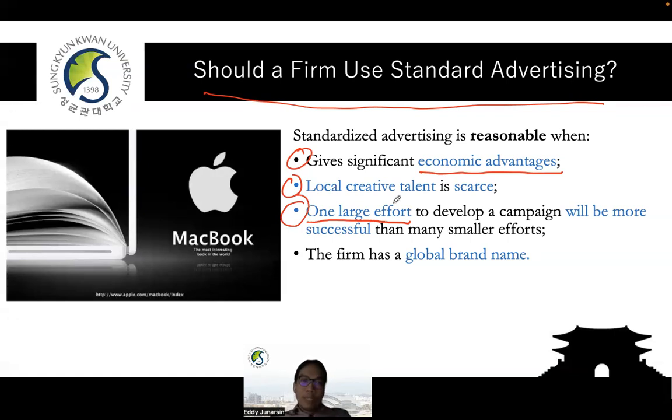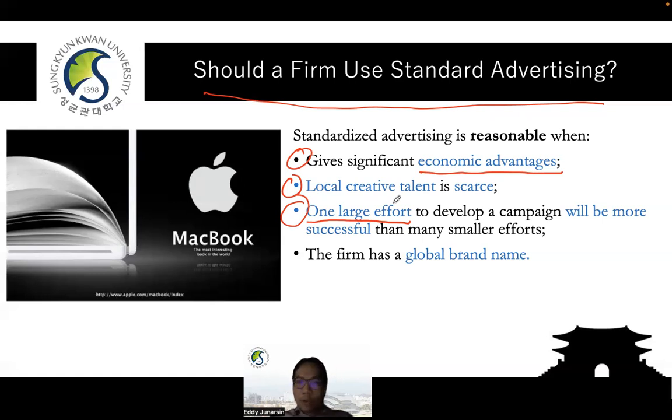You can imagine, for example, we have a global brand. You have a large effort to launch the advertising messages at once. This might resonate better in the mind of your end customers, your end users, than making a lot of local messages. They might get confused or might be dissatisfied with the local messages in that context.